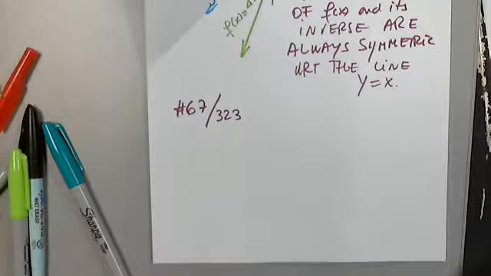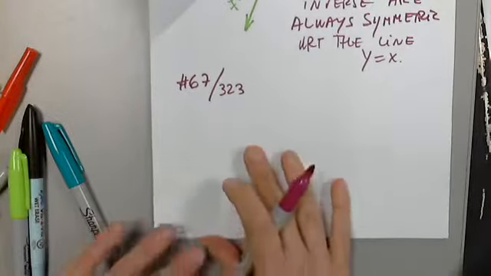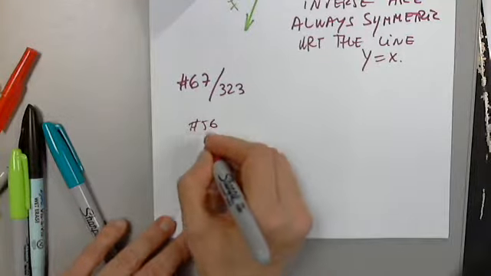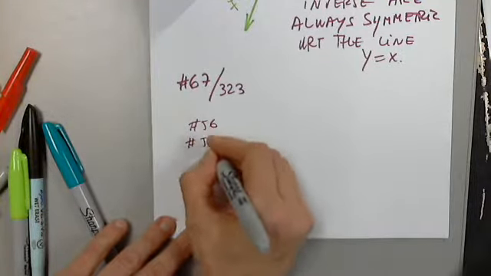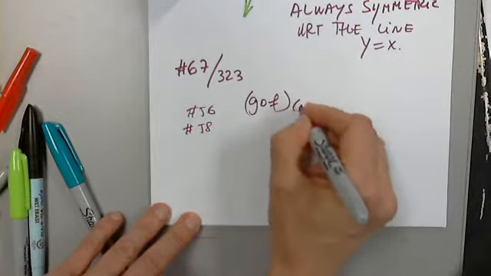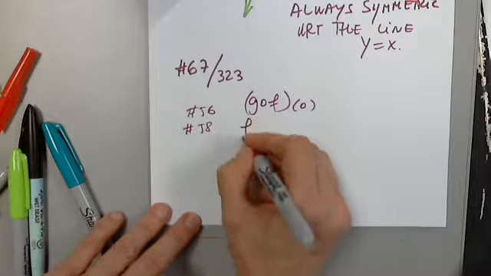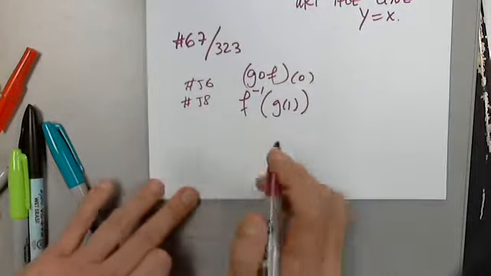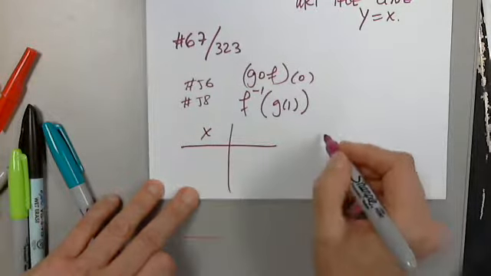Okay, so I'd like to look at page 322, problem 56 and problem 58. So we are asked to find g comp f of 0, and we're asked to find f inverse of g of 1. And we're given two tables. We're not given the functions.